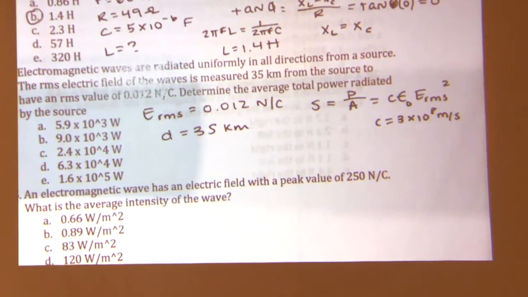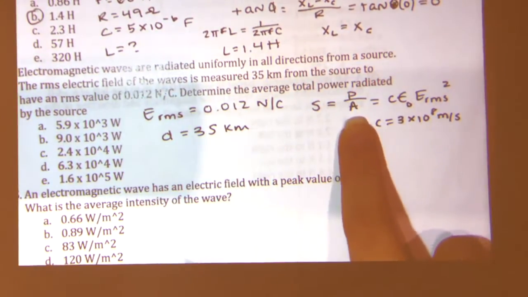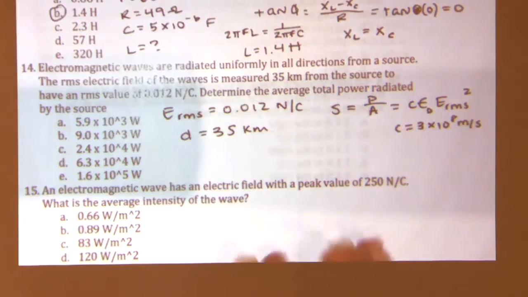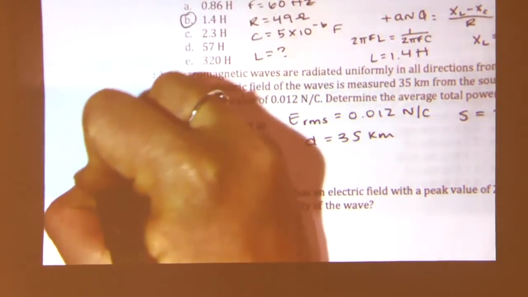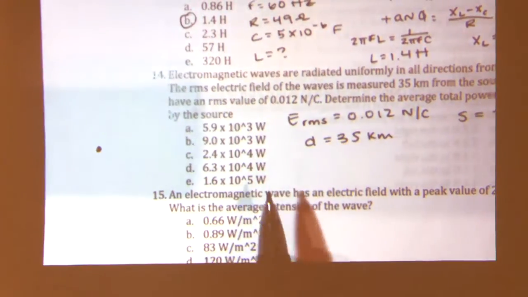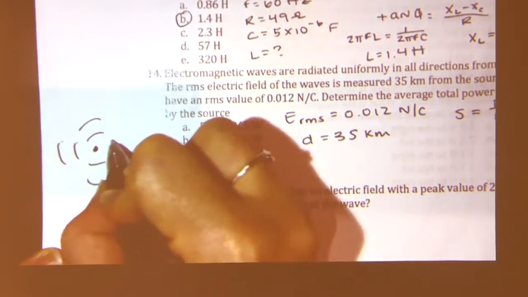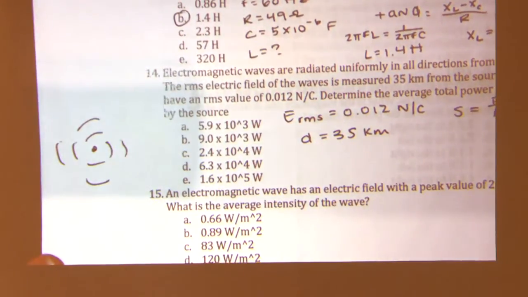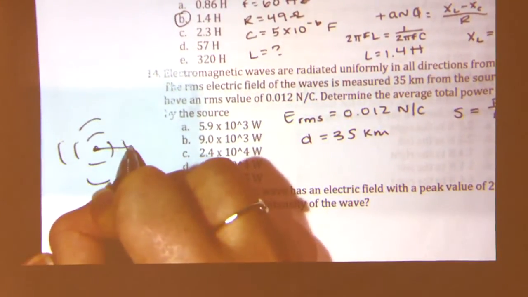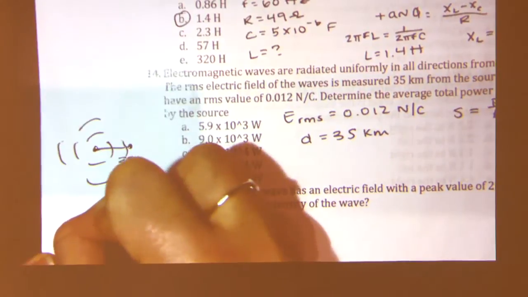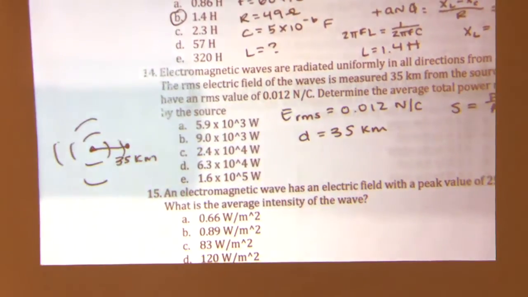And then really we can just plug everything in. Our area, just remember, say this is our source. It's saying our EM waves are always going to radiate uniformly in all directions. So this is the source, our EM waves are coming out like this, and we're saying that the radius of that is 35 kilometers.